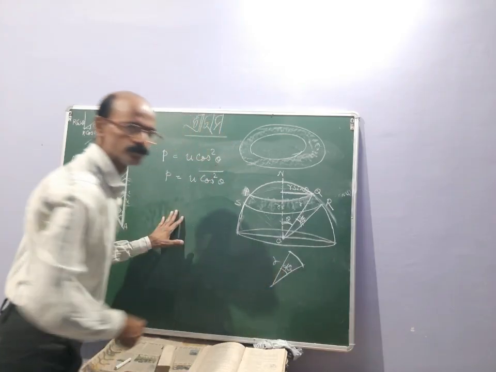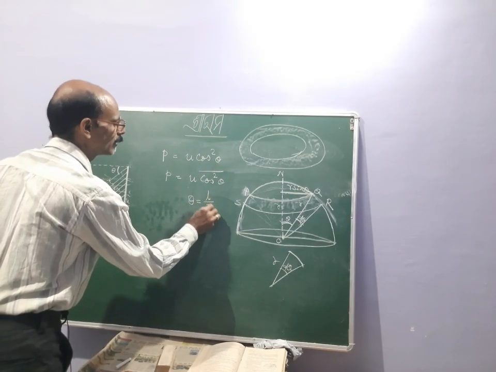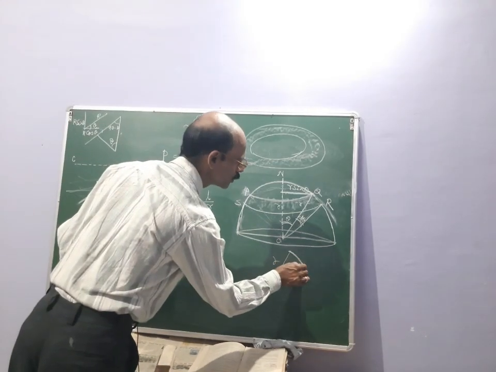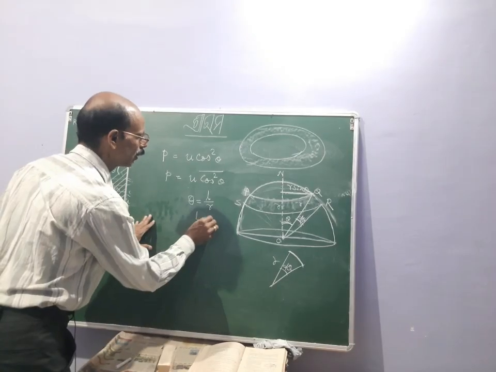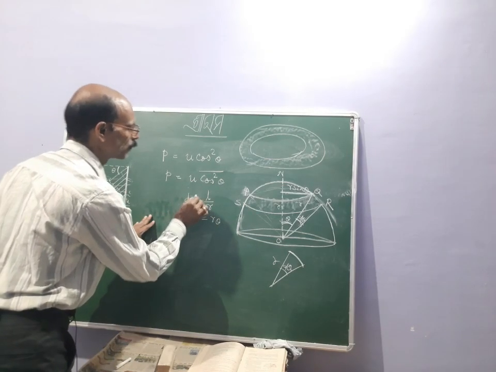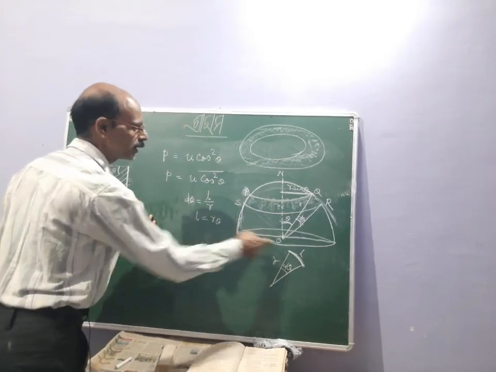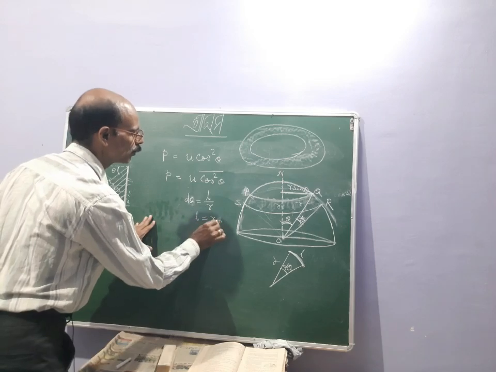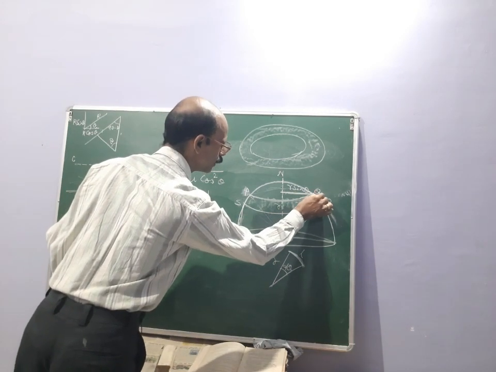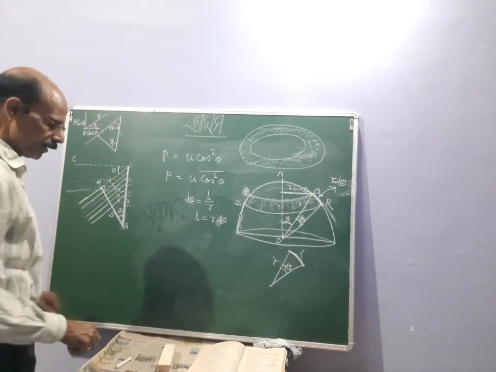This is r. We know that theta is equal to arc divided by radius, L by r. So L is equal to r into theta. Here in place of theta we have d theta, so this is the arc L, this is r, so d theta is equal to L by r, meaning L is equal to r into d theta. This width is r d theta, right?